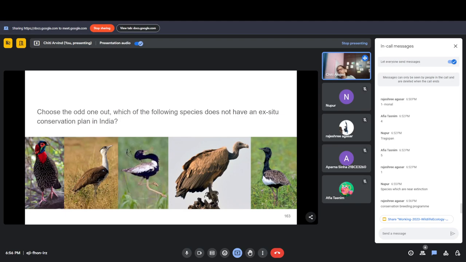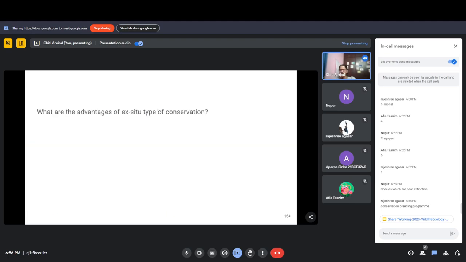Okay, maybe we should discuss in situ and ex situ in general, and then let's get back to this. So my next question is, tell me first, what is an ex situ type of conservation and what are the advantages? What is ex situ conservation?